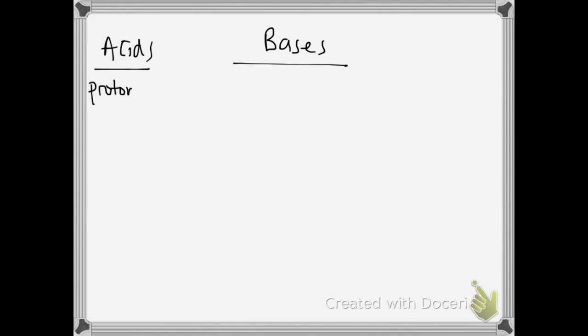The ones we're going to use are proton donors for an acid. Bases are going to be proton acceptors. So you can't just think, oh, a plus means acid and a negative means base. That's not the best way to look at that.